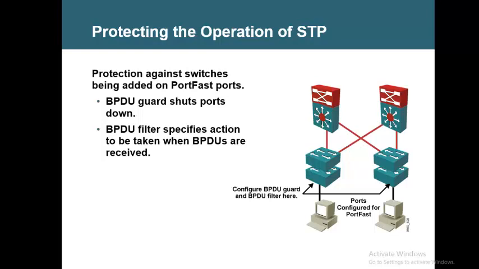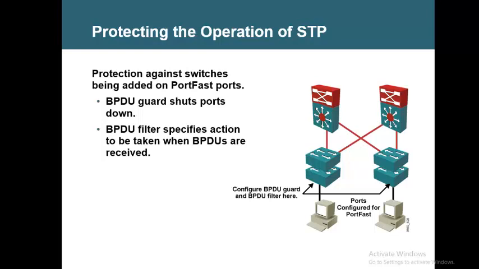If there's a superior BPDU coming in, then the PC will be considered as a root switch, which will confuse our network. I think these things we have seen in the previous class.